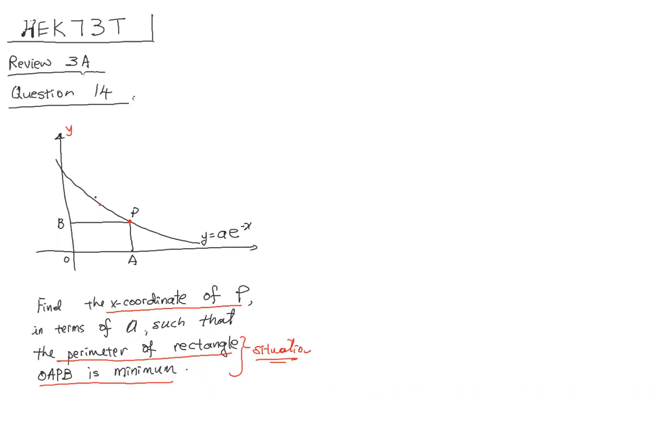What is the variable of interest? What are you interested in finding, or what are you interested in solving? First is to find A, right? Because we want the x coordinate of P, so A is the x coordinate of P, right? No. In terms of A, that means you don't have to find the value of A. Oh, okay.